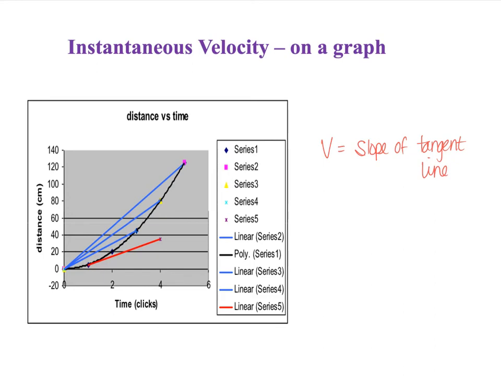Remember back to geometry, a tangent line touches a curve at just one point. So if we drew a line that was tangent to the curve, here it's tangent right here, and we found the slope of that tangent line, that would give us the instantaneous velocity.